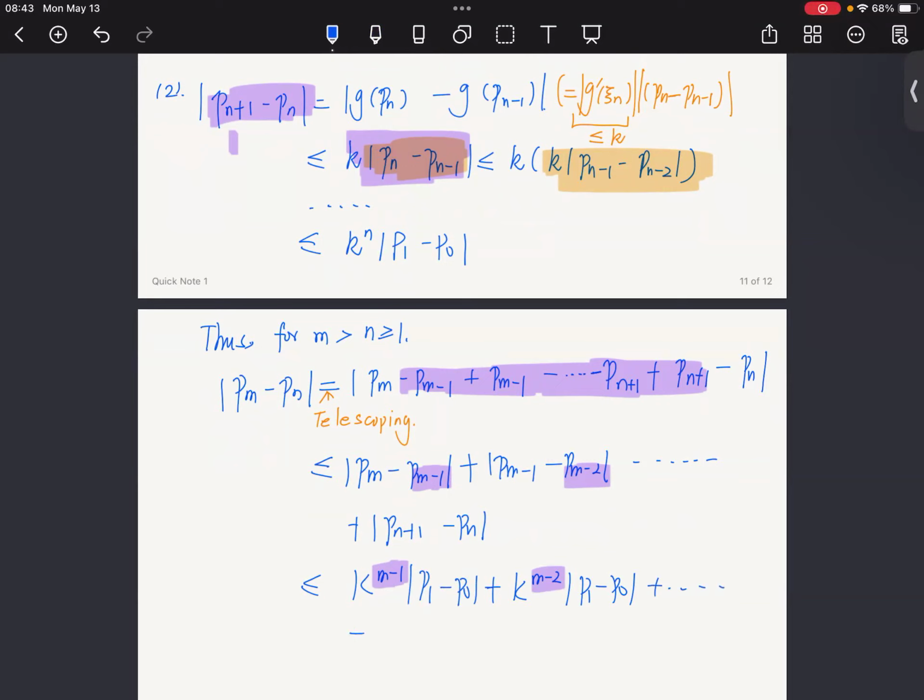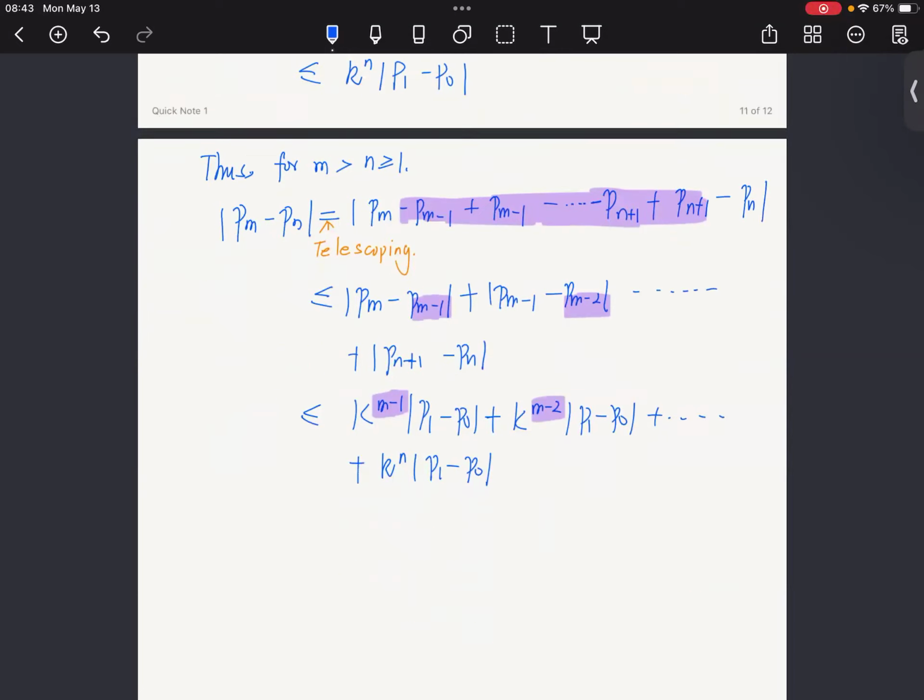And we do the same thing, applying the first inequality, the neighborhood difference, to the last one, and it's k to the power of n, and then P1 minus P0. This is the difference between the first iteration result and the initial guess. At the end of the day, k to the n is the smallest power we have, and we extract the common item, P1 minus P0.